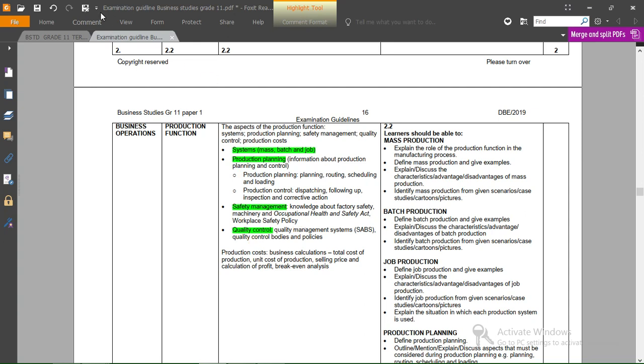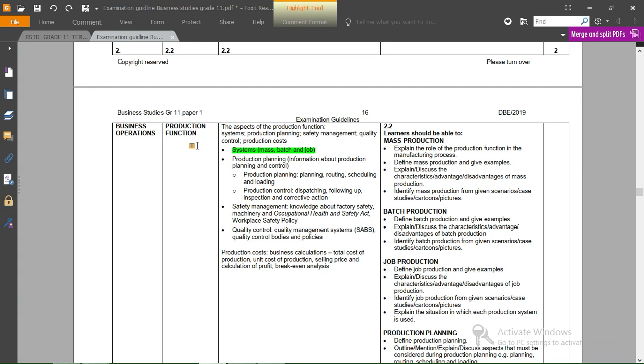So for today we are only going to talk about the production systems, which is made up of mass production, batch production, and job production, right? Before we go into detail about all these production systems, remember production function is one of the 8 business functions, right? And secondly, remember that production function mainly is responsible for producing goods that are going to be sold by the business.